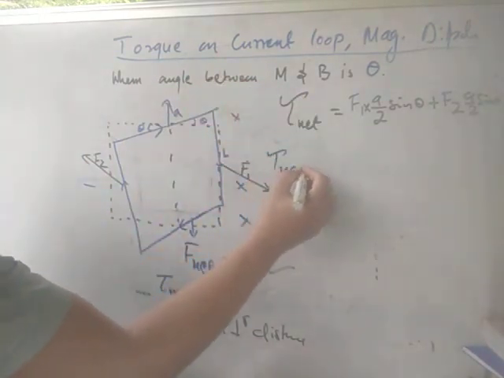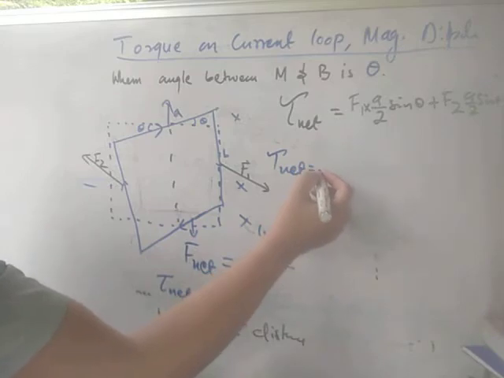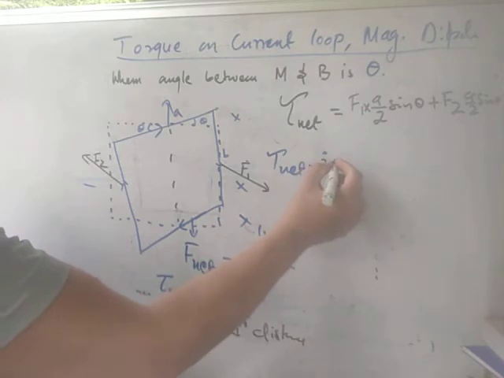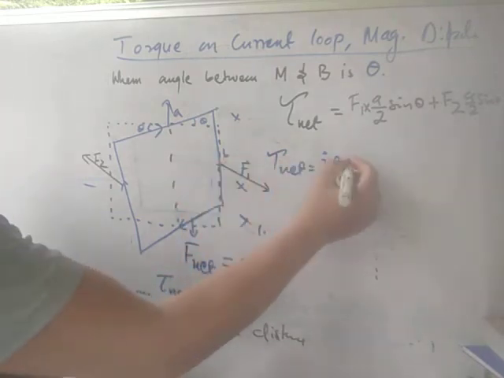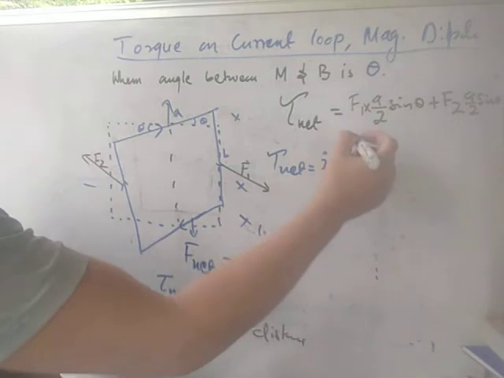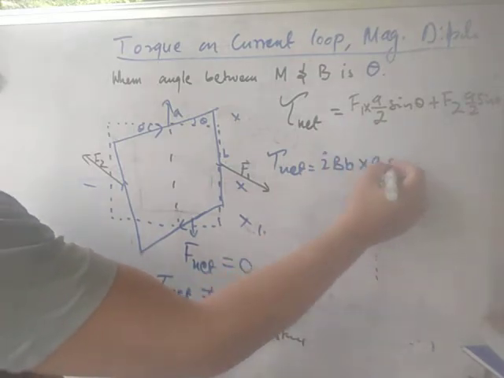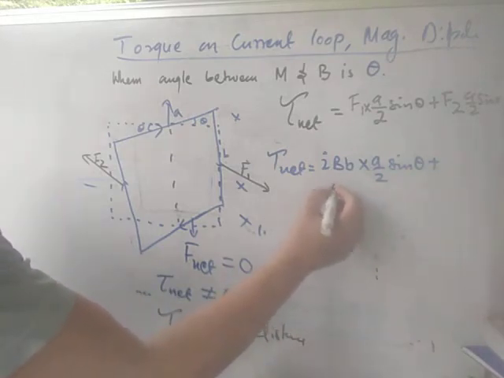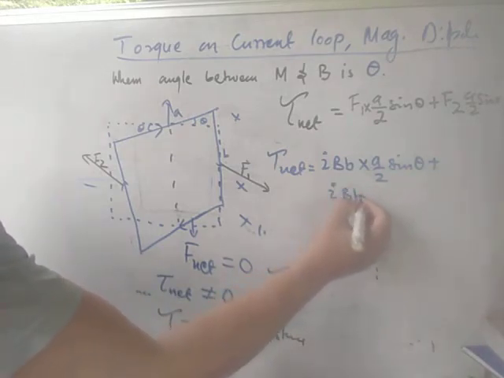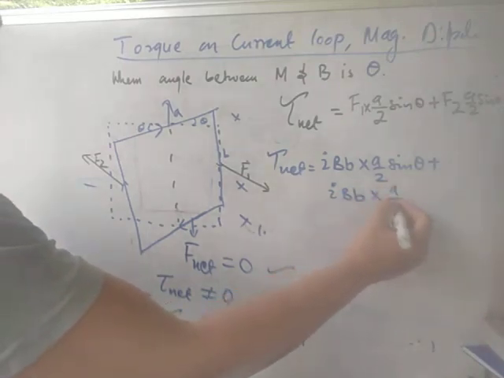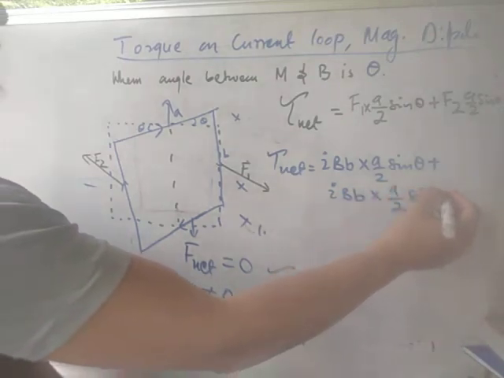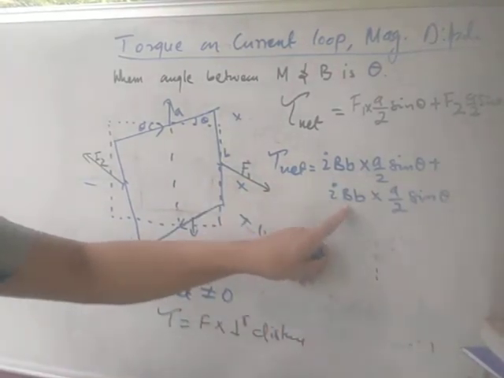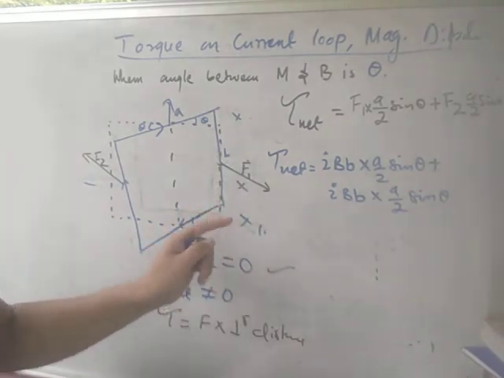Net torque equals F1, how much? See, F1 is I B, isn't it? B into A by 2 sin theta, plus the next one is your F2, which is I B again, into A by 2 sin theta, isn't it? F equals how much? Current, magnetic field and the length, isn't it?